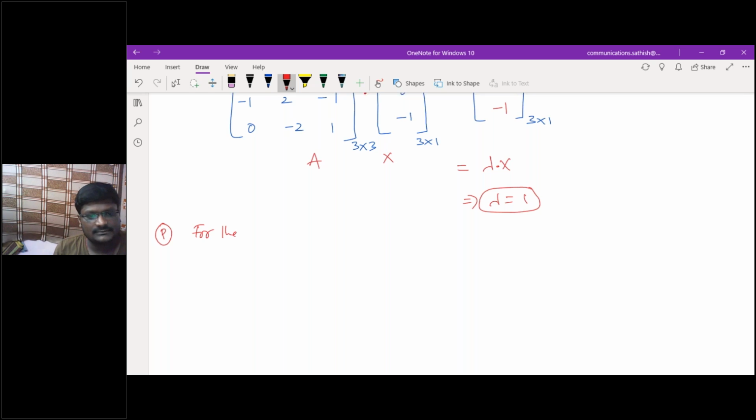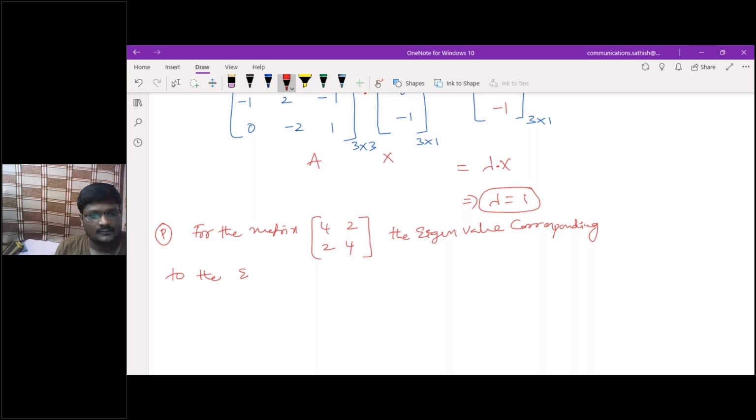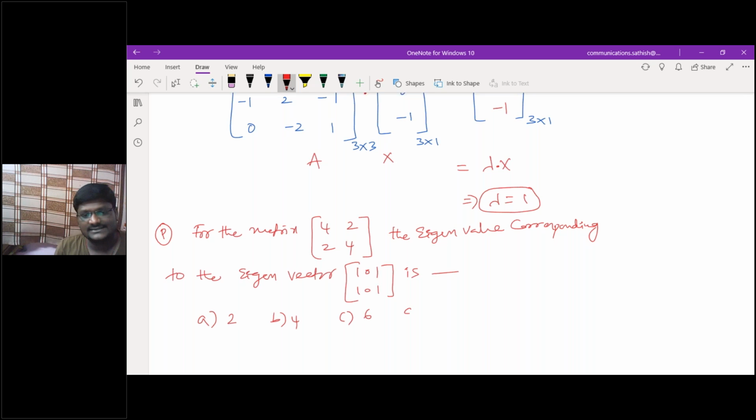Yeah, the same problem, the same thing. For the matrix [4 2; 2 4], the eigenvalue corresponding to the eigenvector (1, 0, 1) is: option A 2, B 4, C 6, D 8.